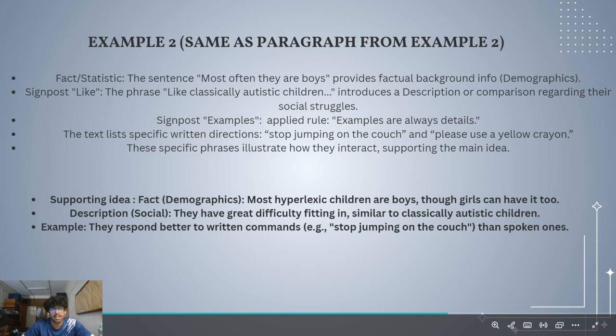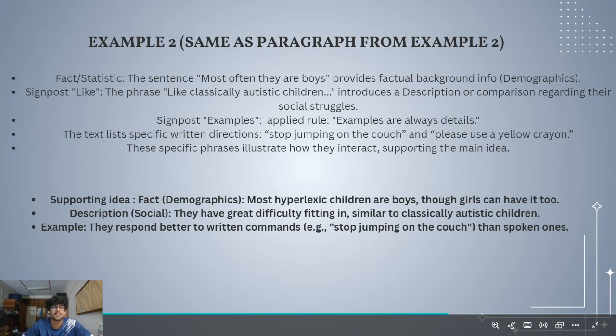As you can see in this paragraph, we have facts and statistics, whereby the sentence "most often they are boys" provides factual background info through demographics. There are also signposts like "like," which introduces a description or comparison regarding their social struggles. Next, we have the signpost "examples," whereby examples are always details, and the text lists specific written directions.